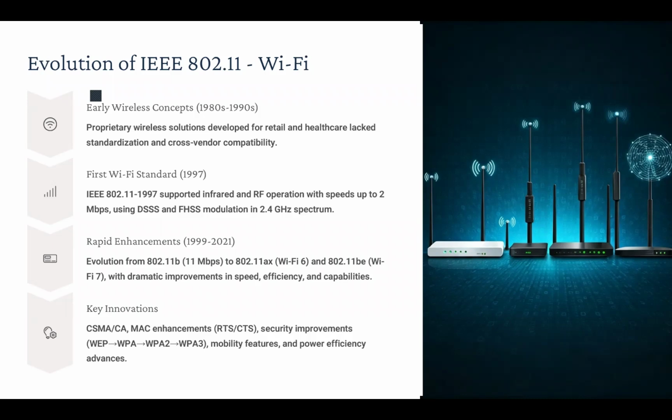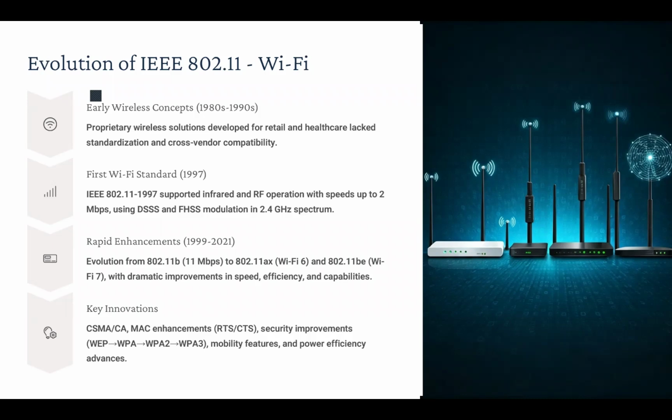We also had the innovation of security protocols improving from WEP to WPA, then to WPA2, and now WPA3, which basically uses robust encryption and authentication methods. There were features like seamless roaming, fast transition, and adaptive rate scaling, which were innovated to enhance mobility and user experience in a dynamic wireless environment.